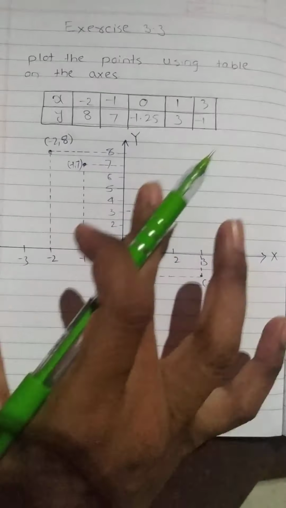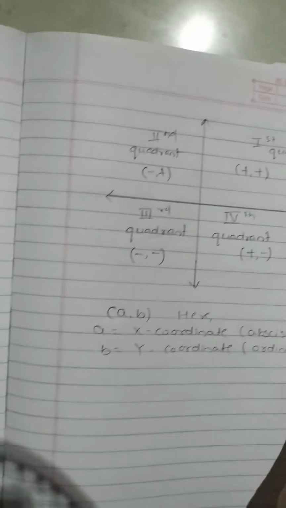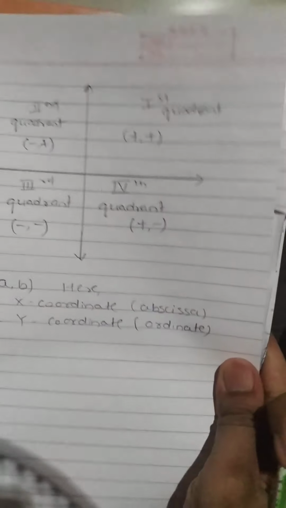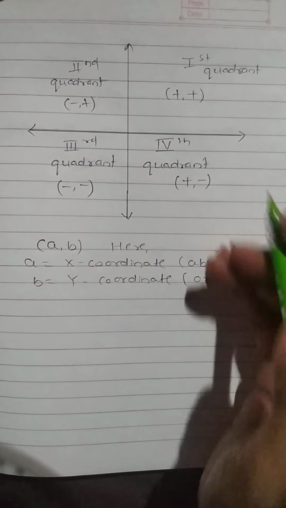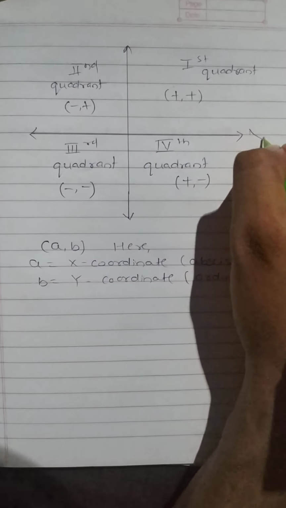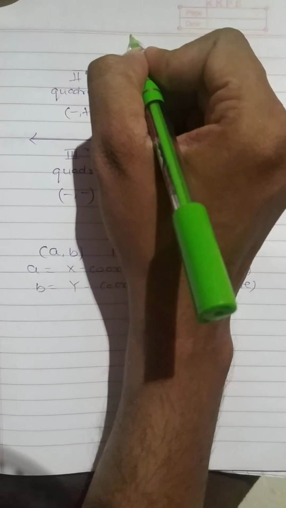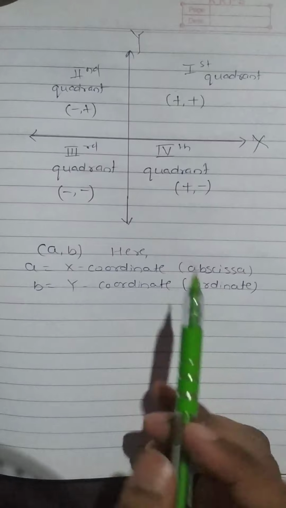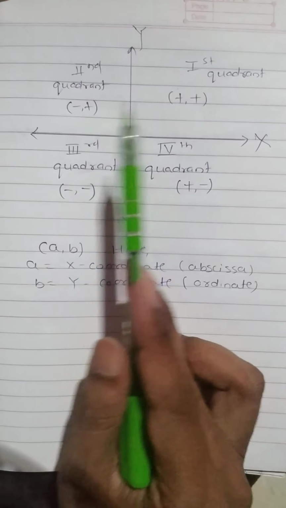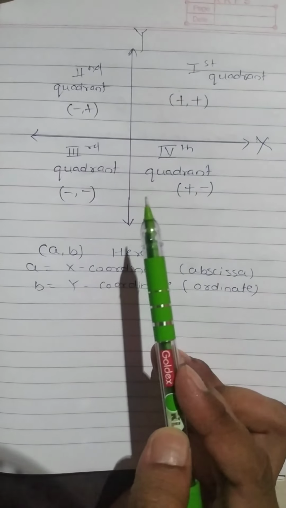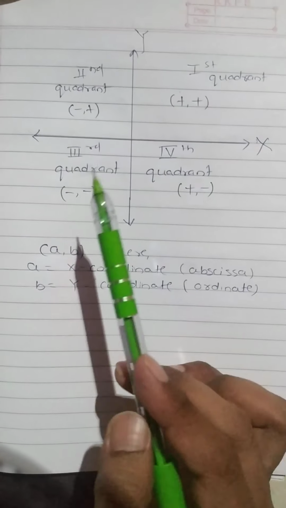Some more information regarding this: this is the x-axis and this is the y-axis. So dear students, if we have the coordinate axis here, it has 4 different parts.